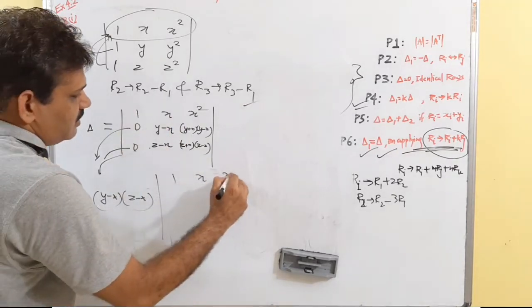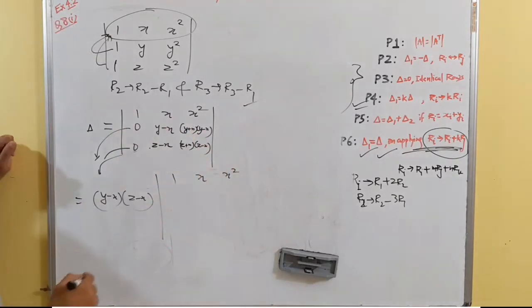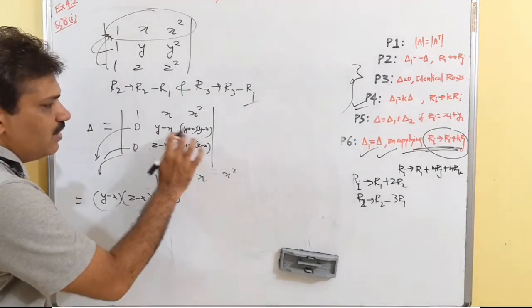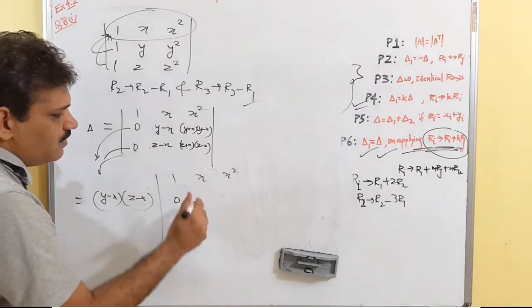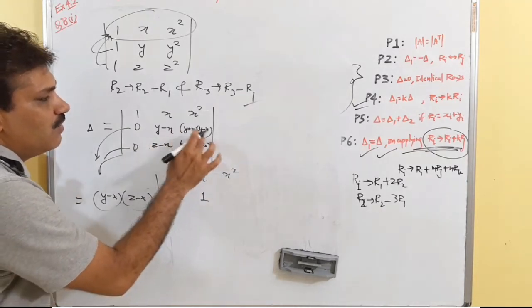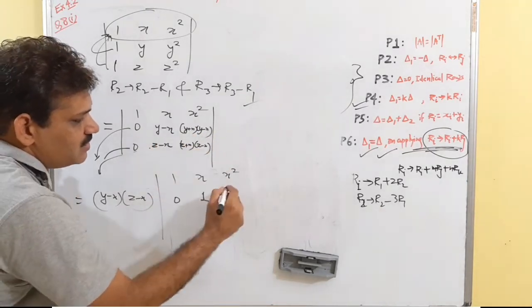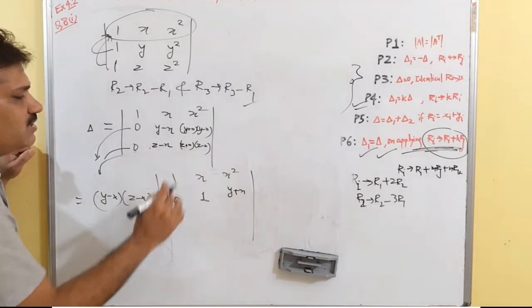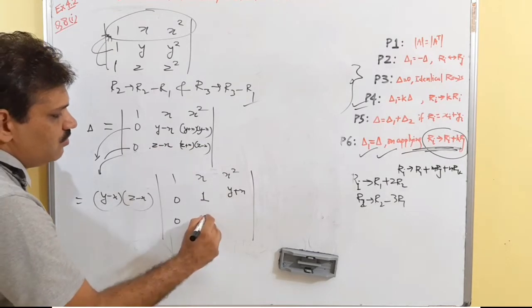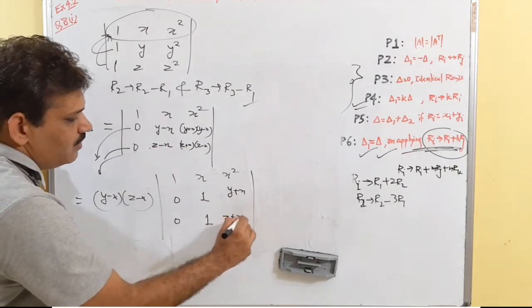First is the same: 1, x, x square. From here we can take y minus x common, so we divide all the terms by y minus x. This gives me 0. Y minus x upon y minus x is 1. Y plus x into y minus x divided by y minus x gives me y plus x. Here z minus x is common. So 0, 1, z plus x.